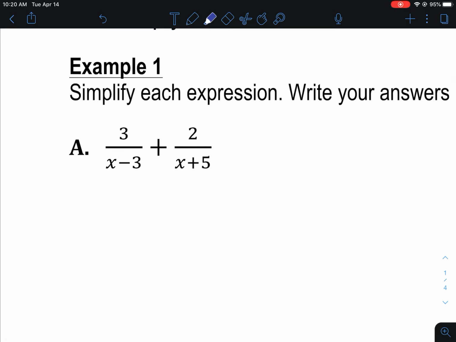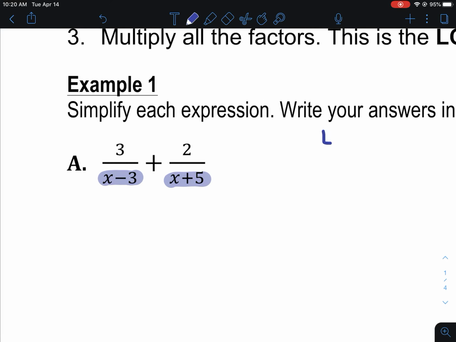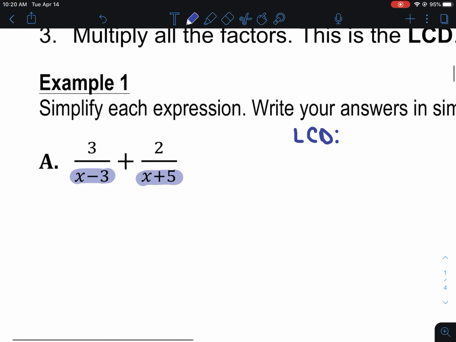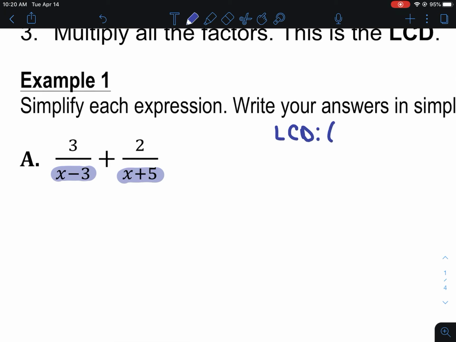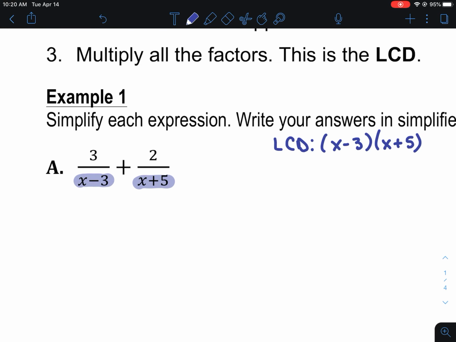All right, so in A, if I look at my denominator, nothing to factor here. Nothing to factor here. So my LCD, my least common denominator, would be all the factors I have. I have x minus 3, and I have x plus 5. So I'm just going to multiply by what I need here.